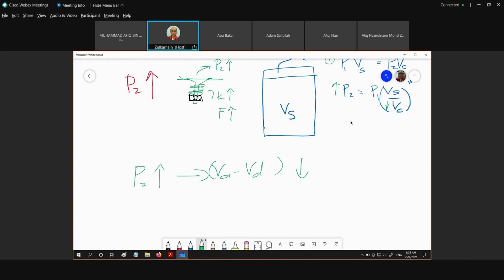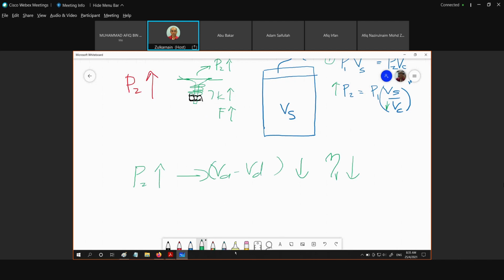Kalau you tengok balik semula nota, you akan dapati when we increase the pressure, the VA minus VD akan turun. Meaning what? Meaning the volumetric efficiency juga akan turun. It's not good. We need to maintain the amount of air induced supaya kita dapat maintain kita punya M dot.